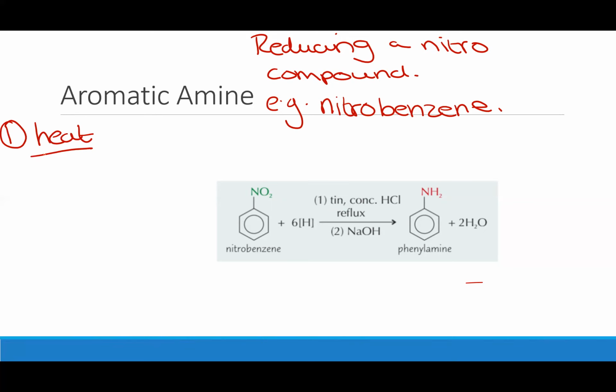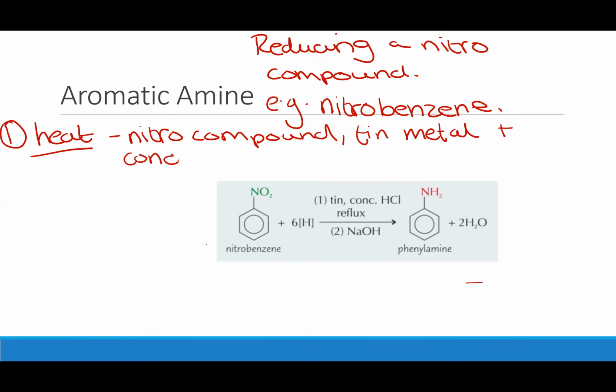We need to heat a mixture of nitro compound, whatever our nitro compound is. So it could be nitrobenzene. Heat our mixture: nitro compound, tin metal, and concentrated hydrochloric acid under reflux, and that's really important that this is done under reflux.